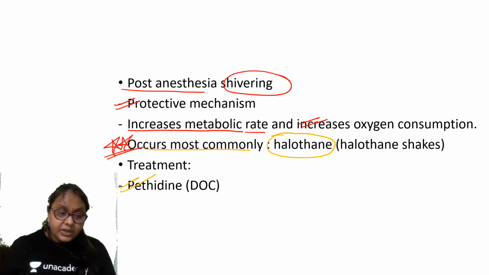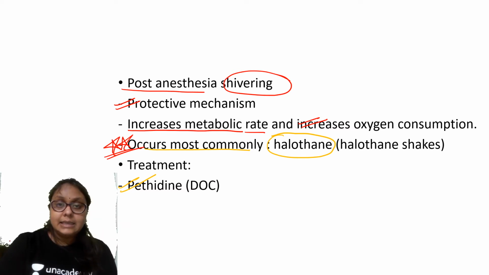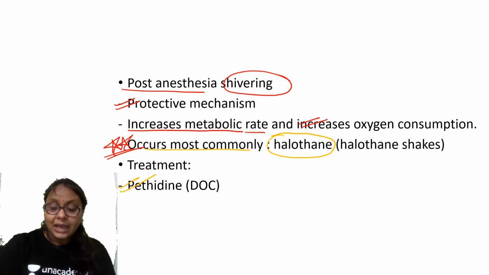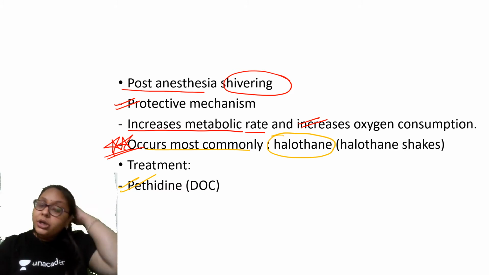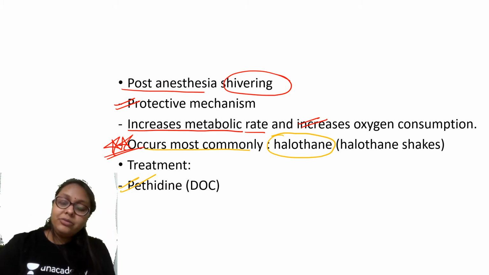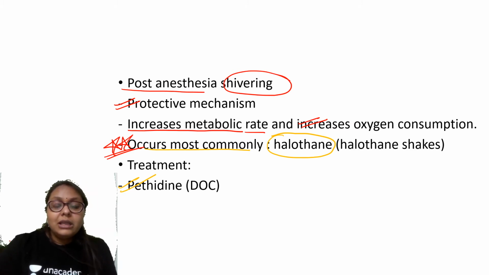Is it clear? So this was the second complication that we saw during anesthesia. The first was Mendelson syndrome. Second is hypothermia, which can occur both during general anesthesia and regional anesthesia, and the protective mechanism for that is post-operative shivering.